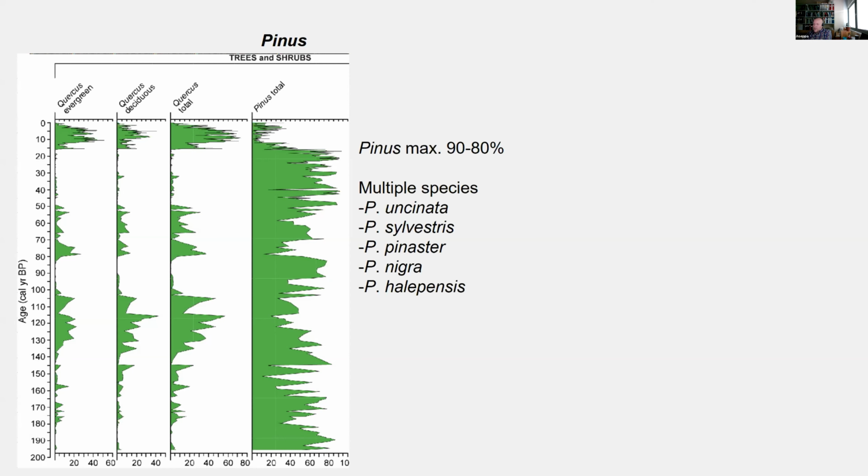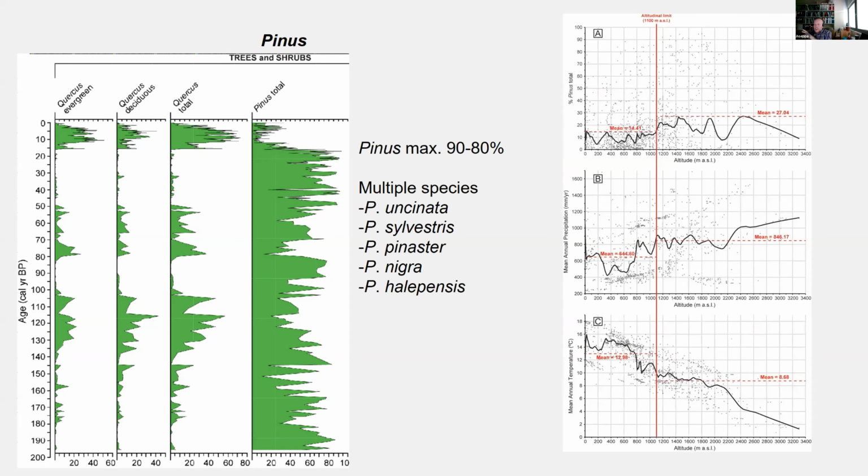I have no time to go into details, but the reason why we made the reconstruction using lowlands only, low altitude only, is that if you include mountains, high altitude, that's where Pinus pollen is very dominant because pine often covers the mountain like in the Pyrenees. And of course, when you go to high altitude, temperature goes down and the precipitation increases. So this makes the moisture index very, very high in the mountains.